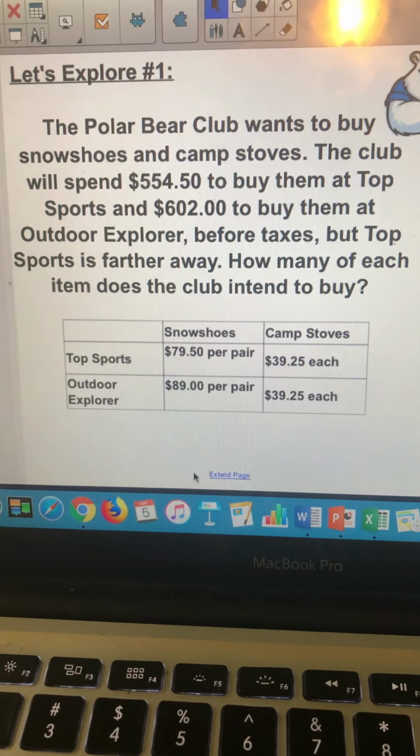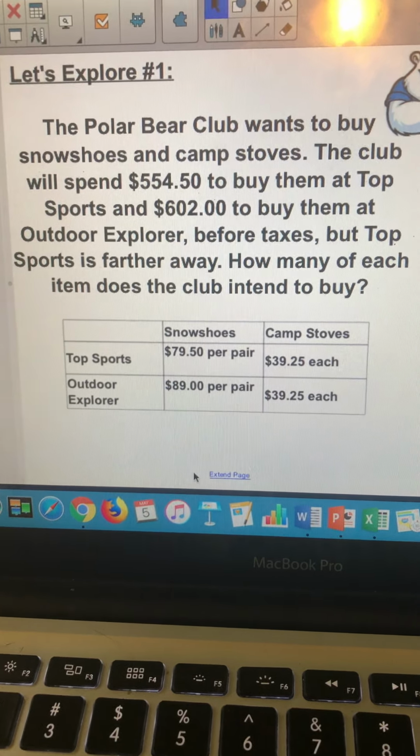If you look through the lesson, I highlight the important information. We know that at Top Sports, they're going to pay $554.50 for their combination of snowshoes and camp stoves. So let's make an equation about Top Sports. At Top Sports, it's $79.50 per pair of snowshoes.